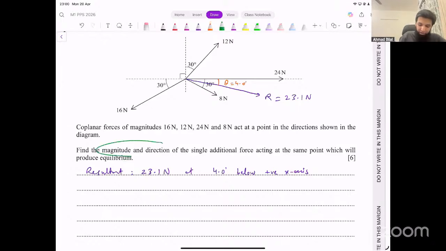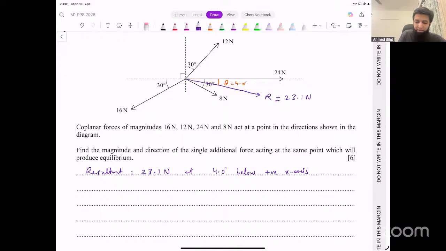Now they are saying, find the magnitude and direction of the single additional force that will produce equilibrium. Currently, with the forces on this diagram, there is a resultant force acting in this direction. So because of this resultant, the particle, whatever that is, a particle or a point? It's a point.